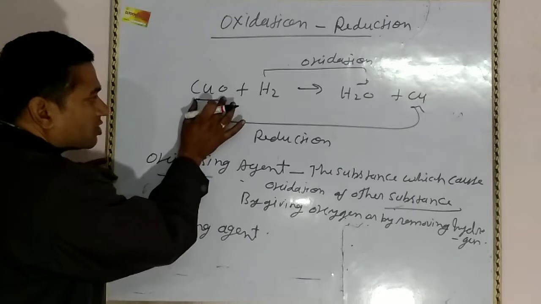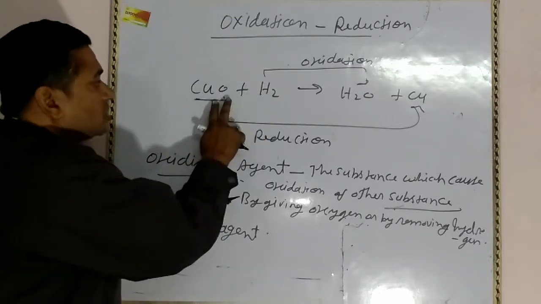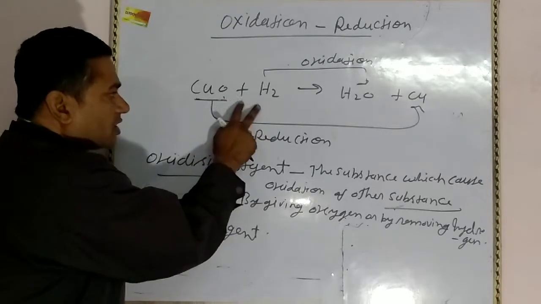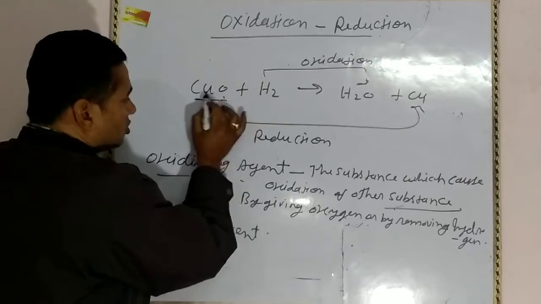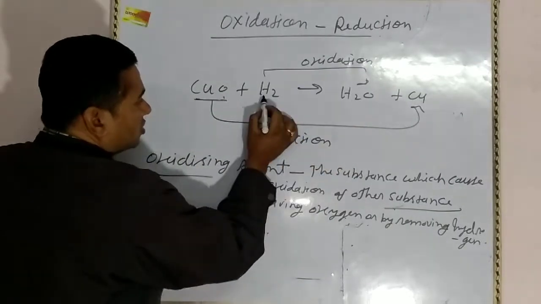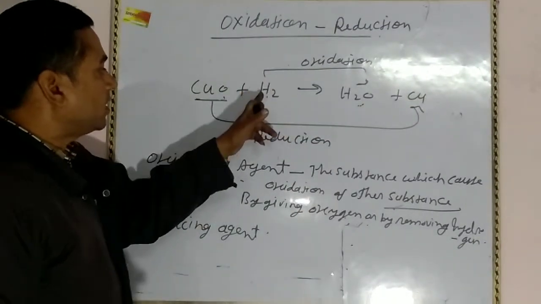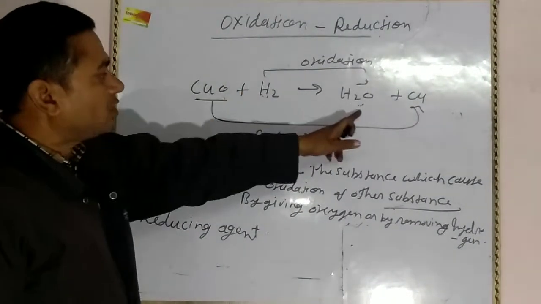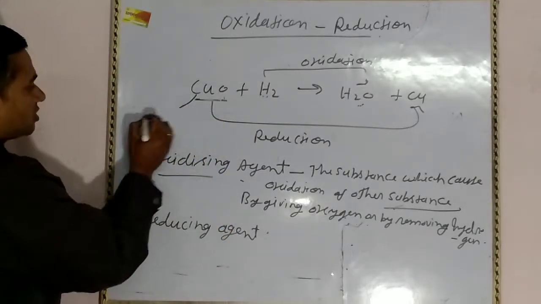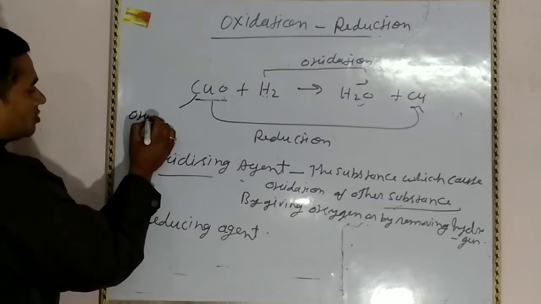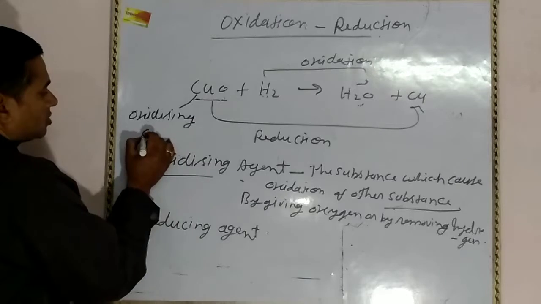So only copper oxide can give oxygen to hydrogen here, because these two reactants are here only, nothing else. So definitely here copper oxide has given oxygen, and H2 combined with this oxygen and formed H2O. So CuO is oxidizing agent.